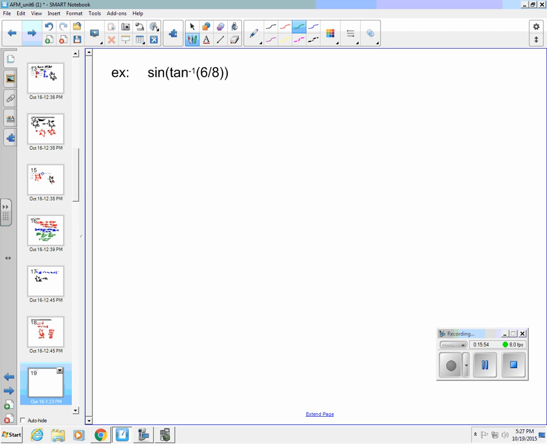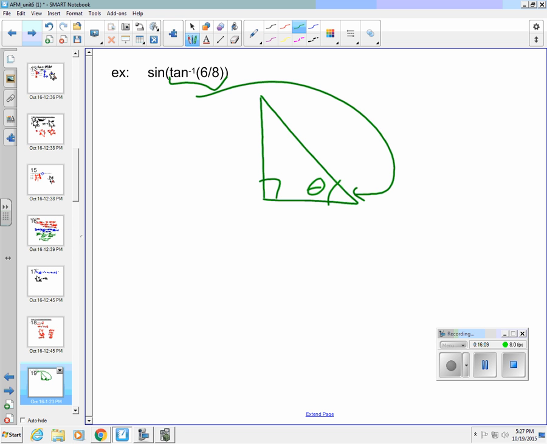Same idea for this one. Find sine of inverse tangent 6 over 8. So we set up our right triangle, pick an angle to be our reference. The angle is inverse tangent of 6 over 8, means angle with a tangent ratio of 6 over 8. So ratio of the opposite to the adjacent side, 6 over 8.